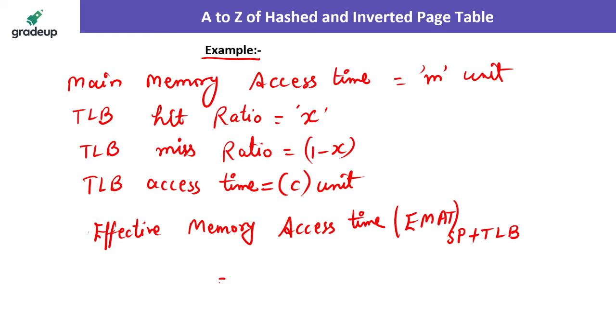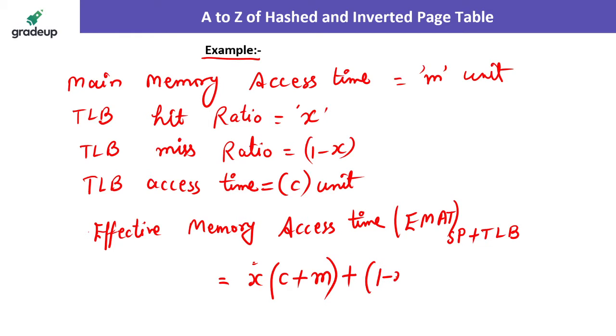So the formula will look like, if I find the page in the TLB, then the probability is X, then I have to access TLB, that is C, plus I have to access main memory only one time for the page.